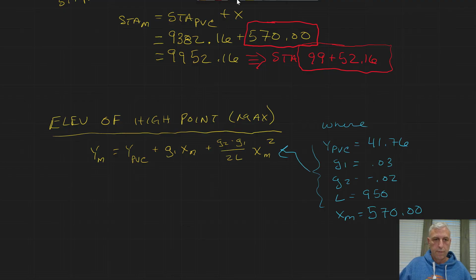So, given that, we have y sub m equals, so I don't make a mistake, 41.76 plus 0.03 times 570.00 plus negative 0.02 minus 0.03 over 2 times 950. I'm going to erase those givens so I have room here and I don't try to squish.